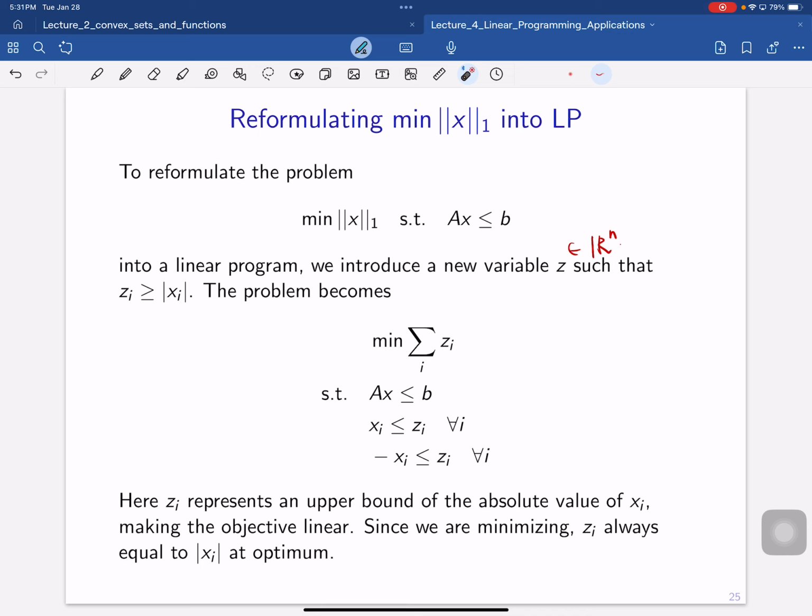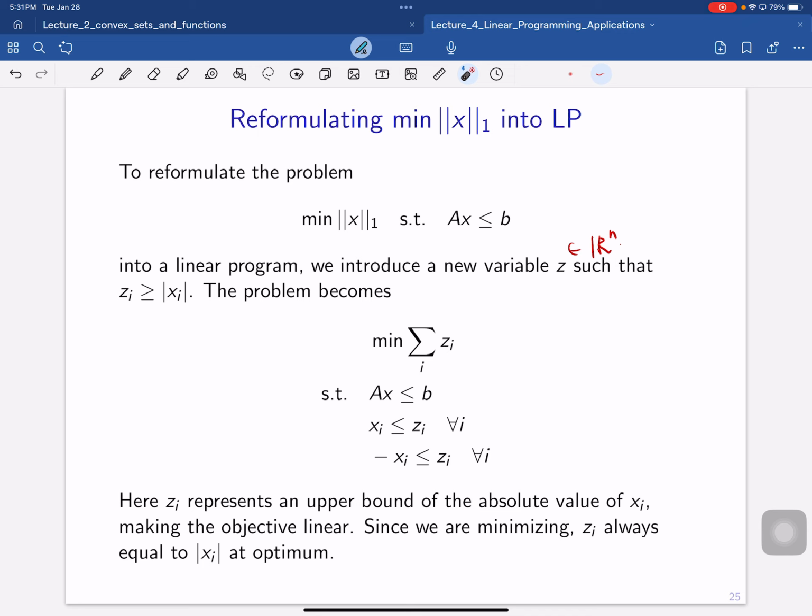So why is this a valid formulation? With these inequalities, you can only enforce zi to be greater than or equal to the absolute value. You cannot force them to be exactly equal to the absolute value.